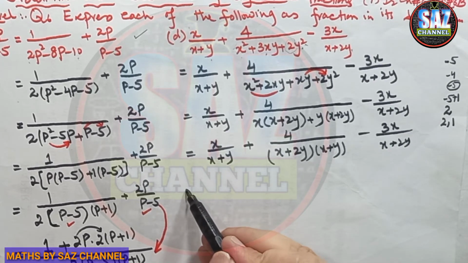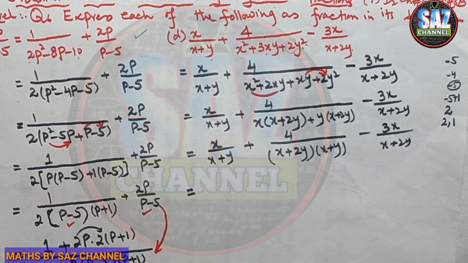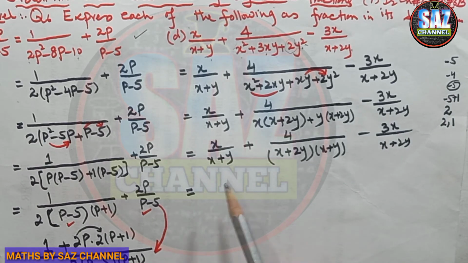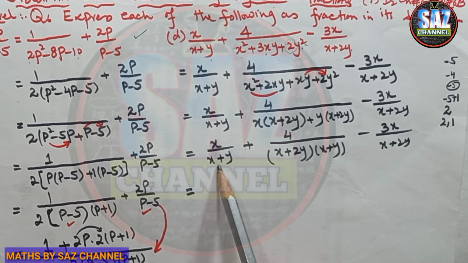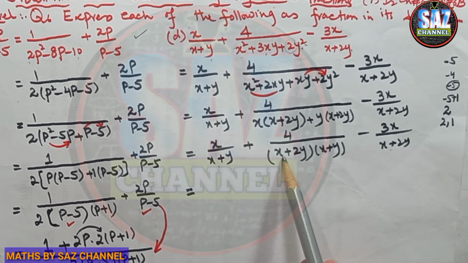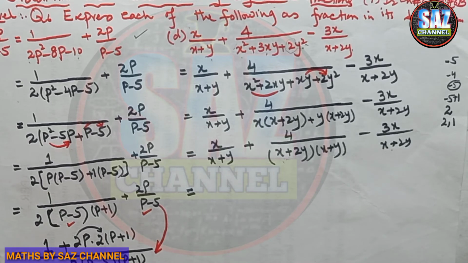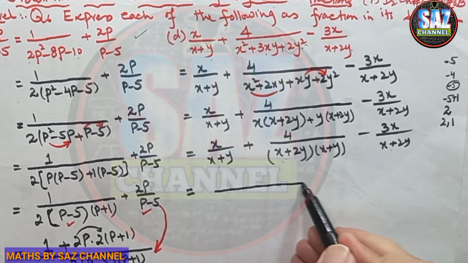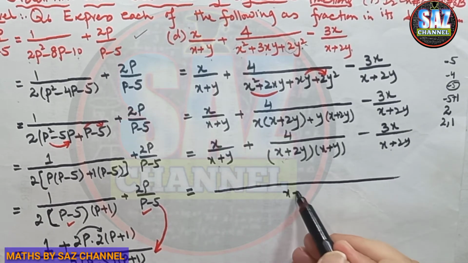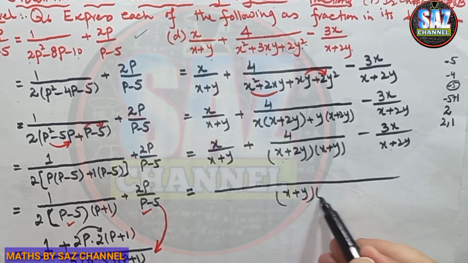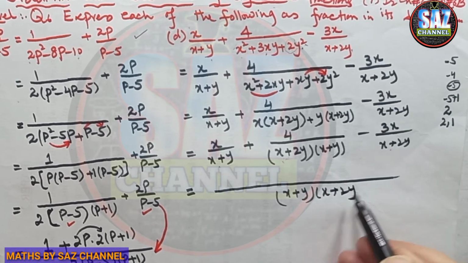Now it's the time to decide about the LCM. LCM of this question will be, first denominator is x plus y, the second is x plus 2y, and the middle one is x plus y into x plus 2y. So the LCM of this question will be x plus y into x plus 2y.